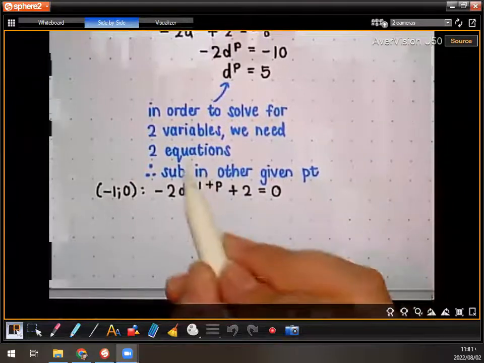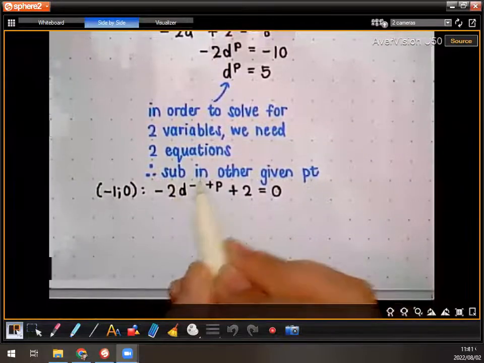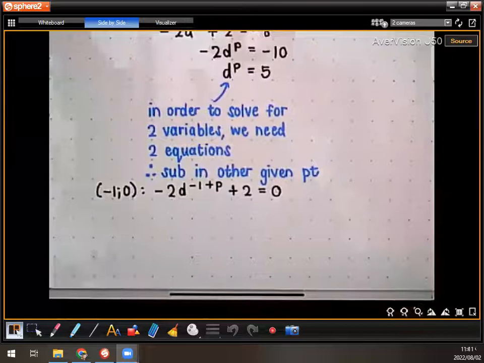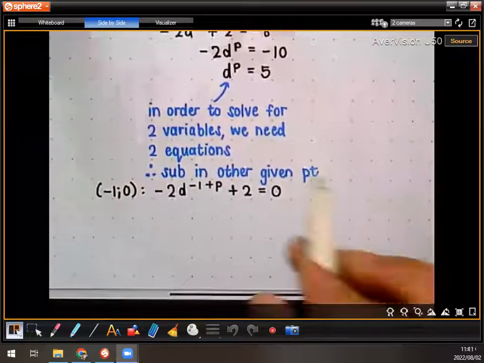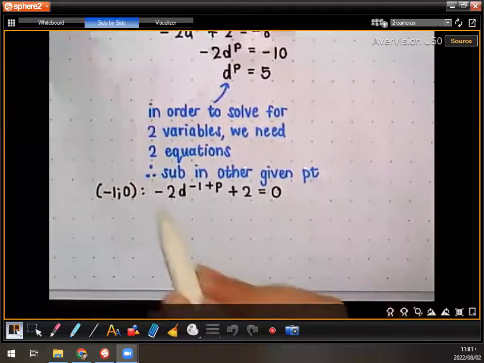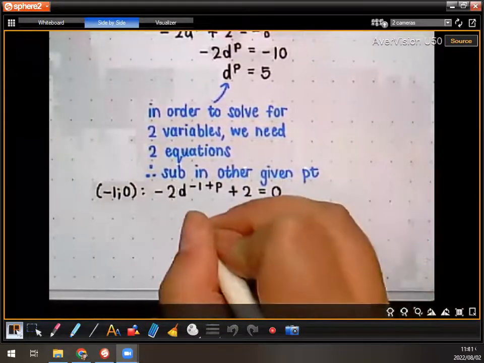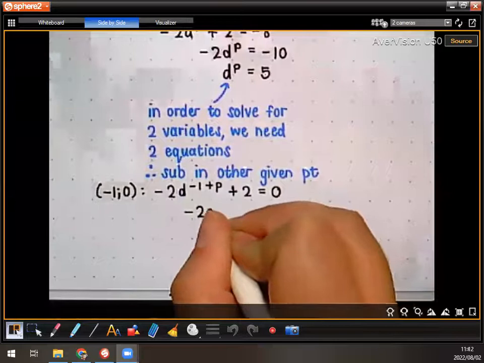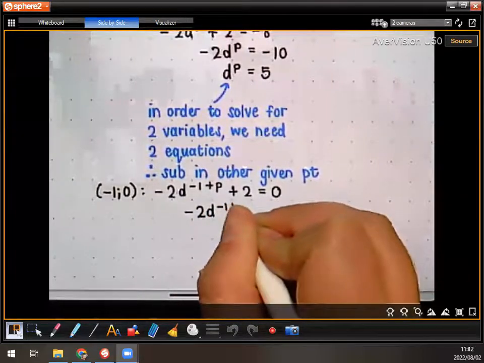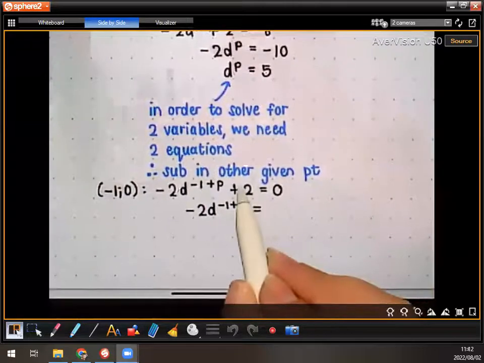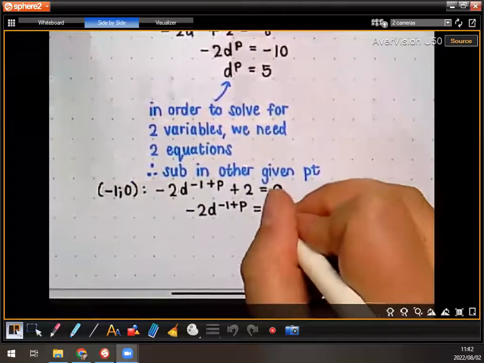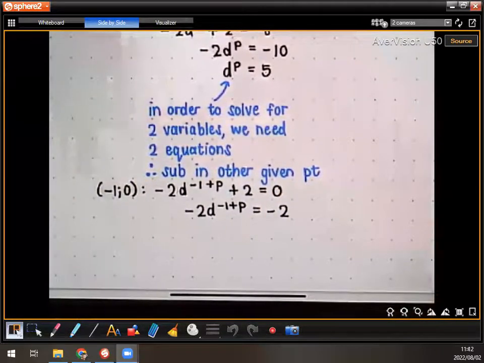Alright, so we're going to do the same thing that we did up there, guys. We're just going to simplify it. So let's move the +2 and then that -2. So we're going to have -2 d to the -1 plus p equal to, I'm moving that +2 on the other side, it's going to be -2.